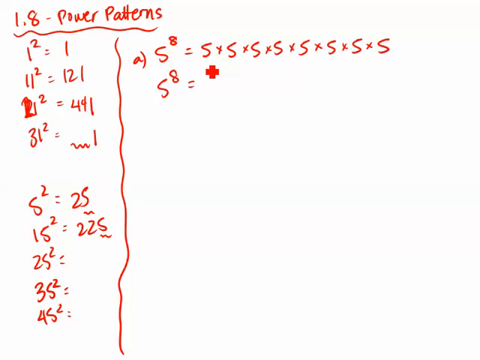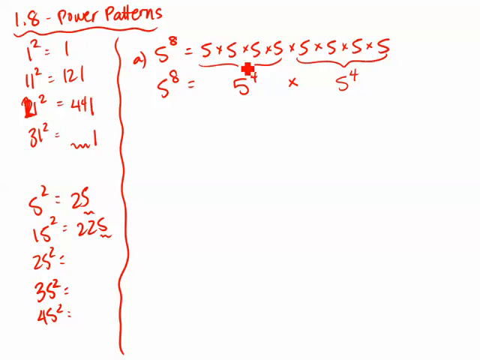So 5 to the 8, if I regroup this, let's say I took these 4 and then these 4, well, 4 5s is really the same thing as 5 to the 4th power. And this is also 5 to the 4th power because it's 4 5s. The multiplication still stays the same, it's still in between. So look at this relationship, that 5 to the 8th is the same thing as 5 to the 4th times 5 to the 4th.